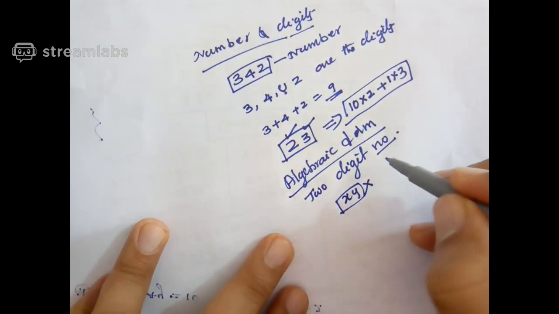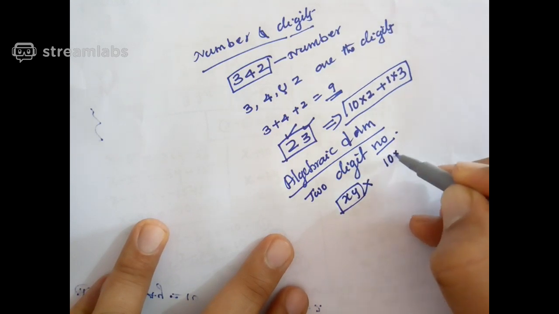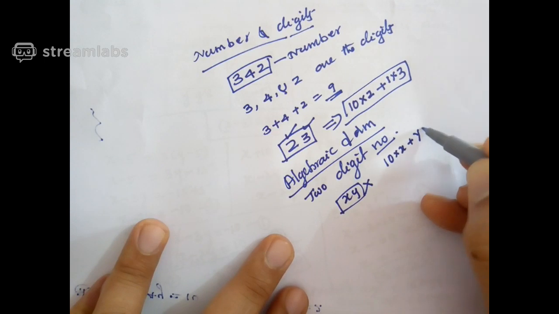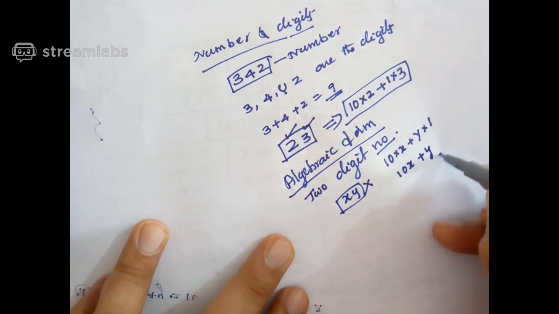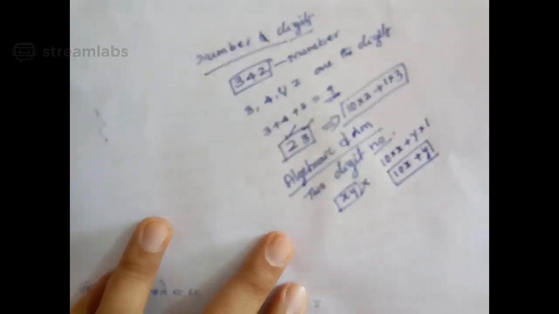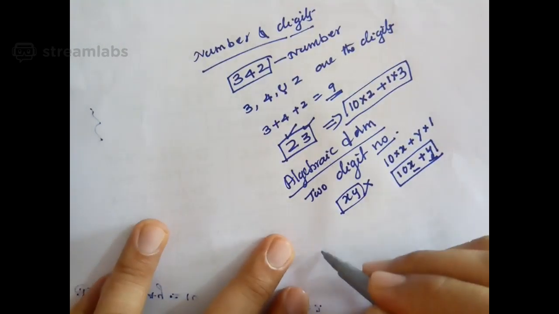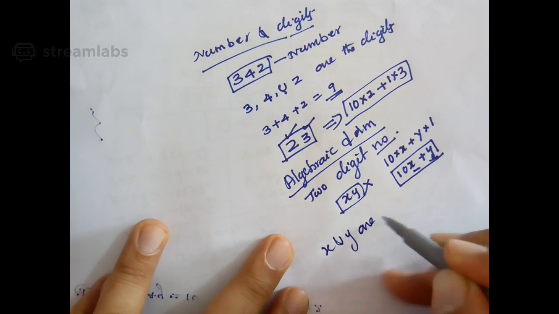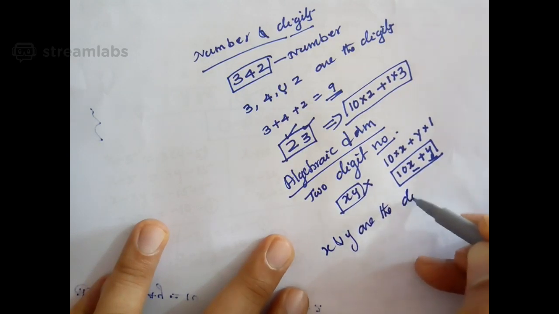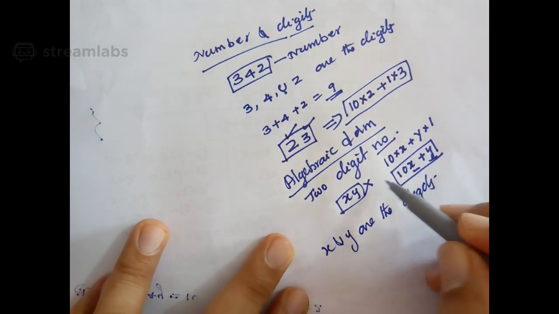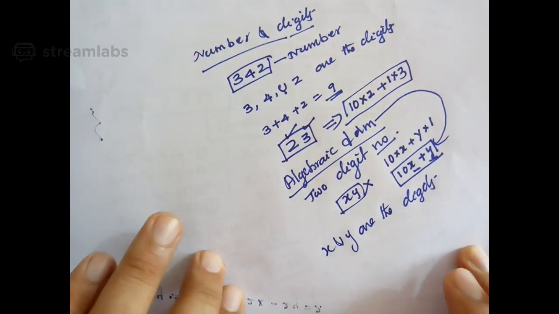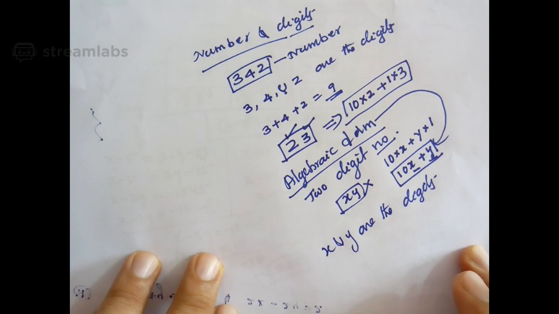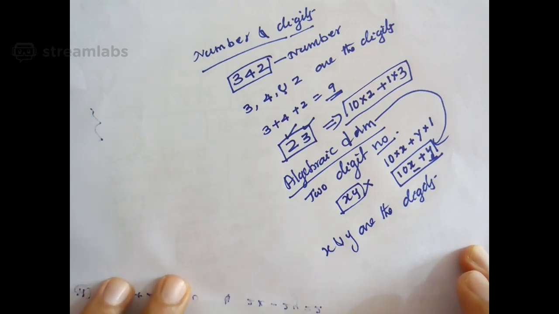No. To write a two-digit number in algebraic form, let x be in tens place and y be in ones place. So 10x plus y is a two-digit number where x and y are the digits. So the general algebraic form of a two-digit number is 10x plus y, where x and y are the two digits.